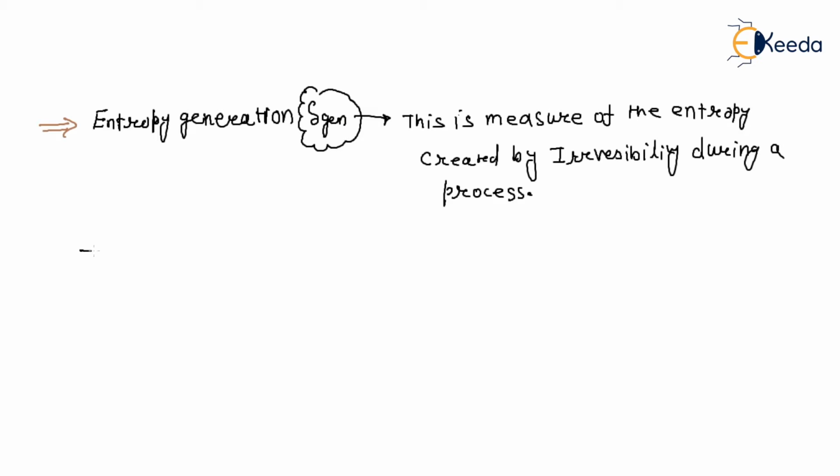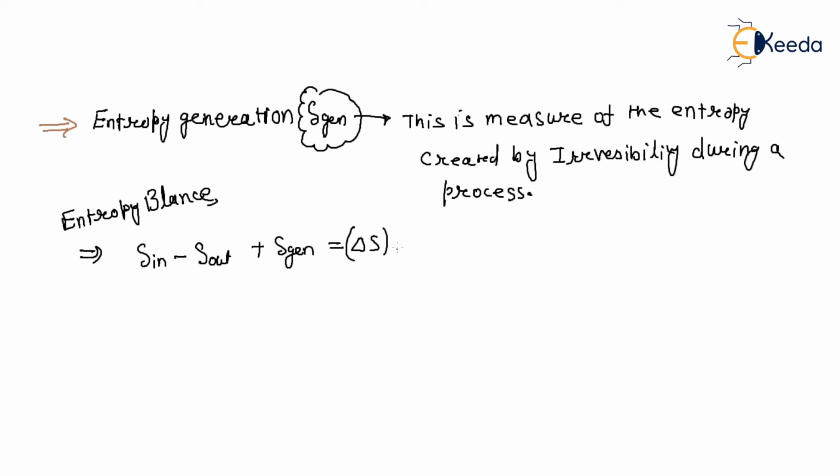We know what the entropy balance is: S in minus S out plus S generation is equal to delta S of the system, right?